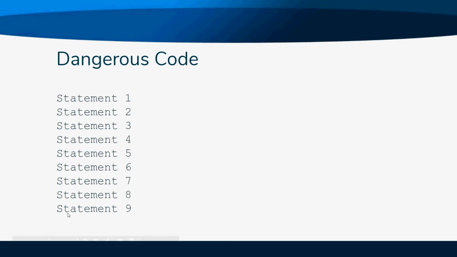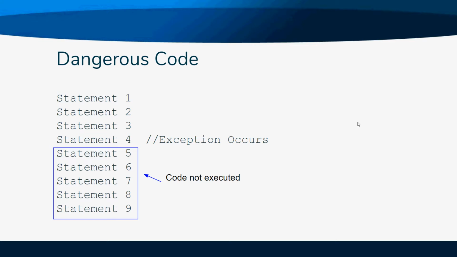Suppose I have a bunch of statements of code, and when I run my code, an exception occurs on statement 4, and that crashes. At that point, it skips statements 5, 6, 7, 8, and 9. It doesn't ever run them. That's the problem with our dangerous code: if the exception occurs, the code following is not executed.